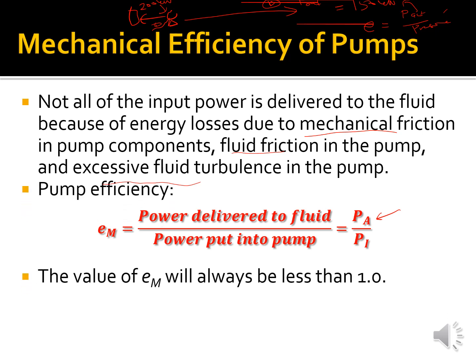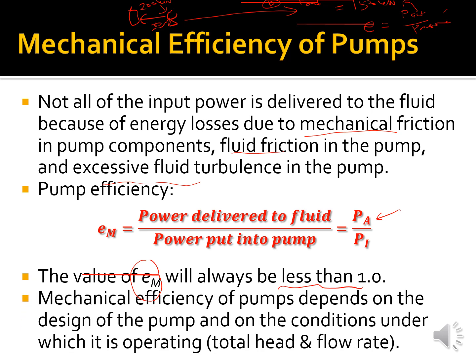The value of the efficiency should always be less than 1.0, and the mechanical efficiency of a pump can depend on a few parameters. One of them is the operating condition of the pump, which is the total head and flow rate of the pump. These are the factors that strongly influence the value of efficiency for a pump.